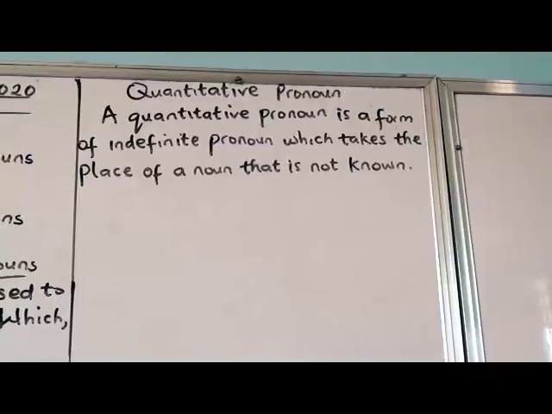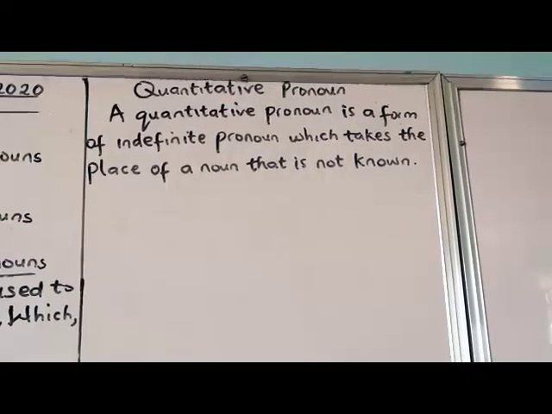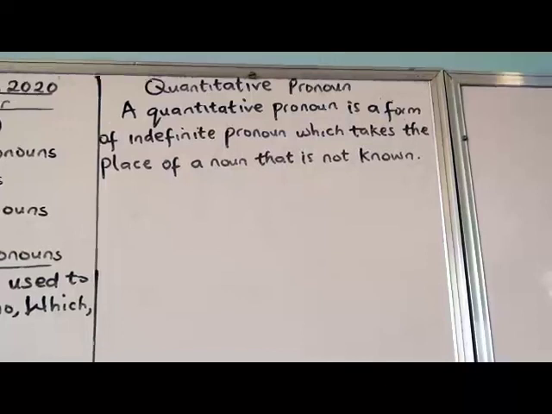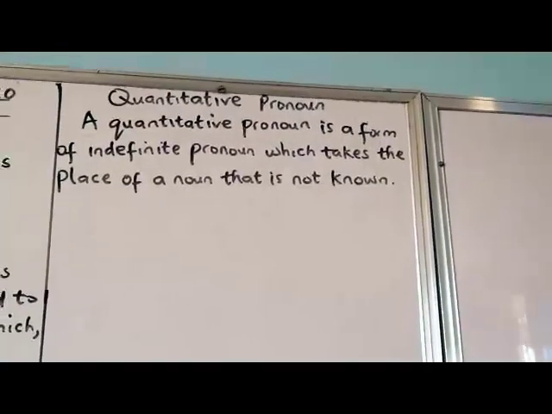Remember children, we are talking about pronouns and we are using pronouns instead of nouns. So it is a form of indefinite pronoun which takes the place of a noun that is not known.